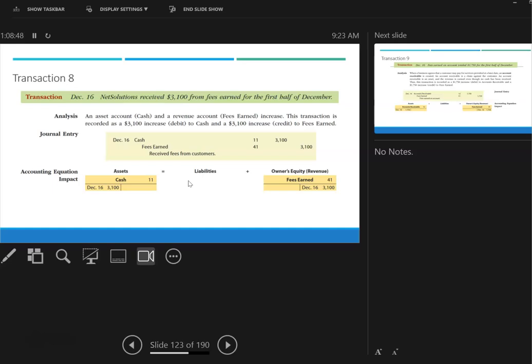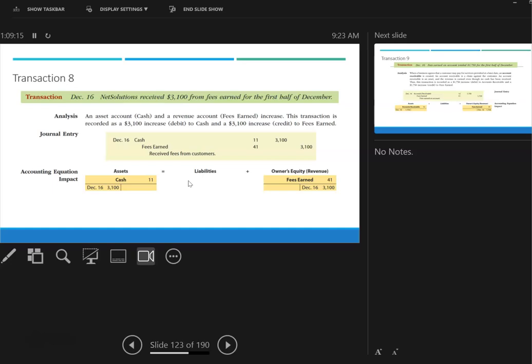Net Solutions received $3,100 from fees earned the first half of December. What are we going to do? Debit our cash, credit our fees earned. Okay.